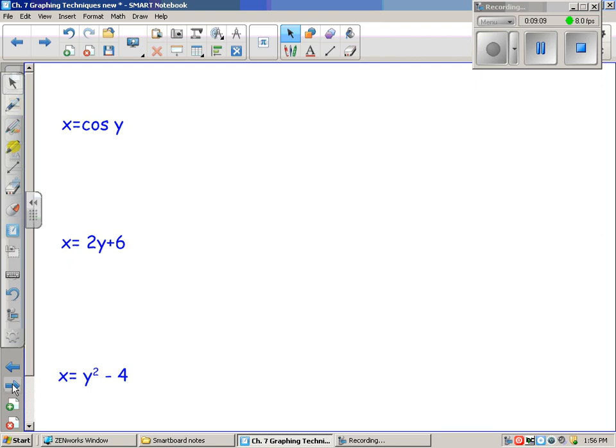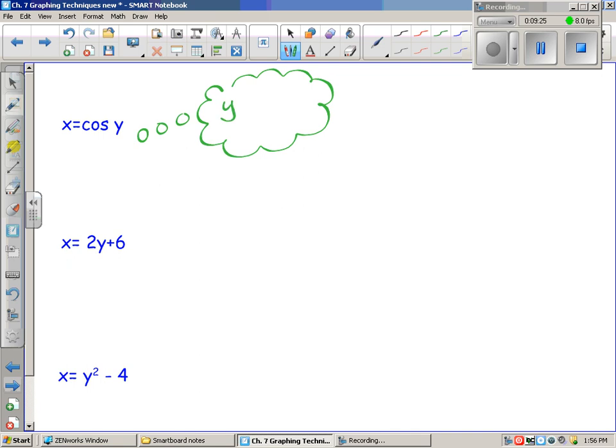X equals cosine y. This is a prime example where, hey, we could just find the x-intercepts. We could set up a table, whatever your method is. Or, in your mind, you could think about, I know what the actual cosine curve looks like.